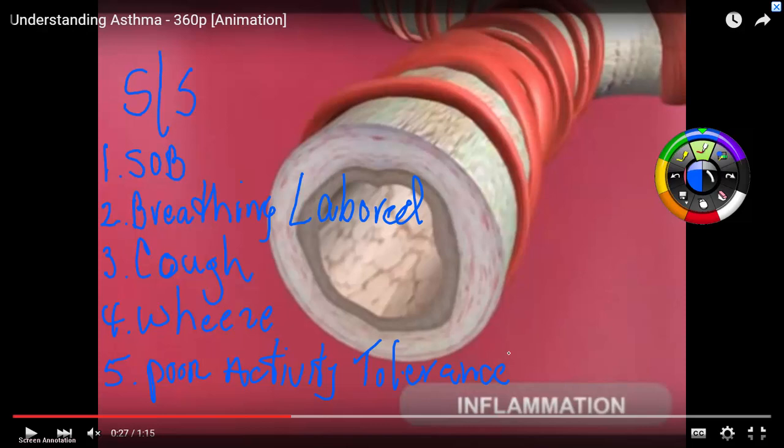You'll also see the muscles between the ribs contracting like crazy, trying to raise those ribs to increase the volume of the chest so they can overcome that resistance. If you see that in a kid, you grab them and take them to the emergency room because they are in trouble. So those are the classic signs and symptoms of asthma.